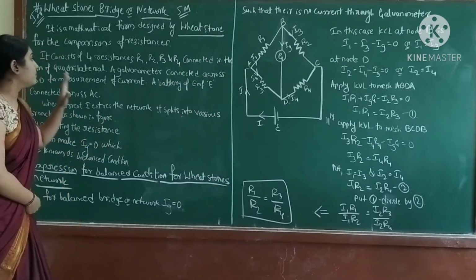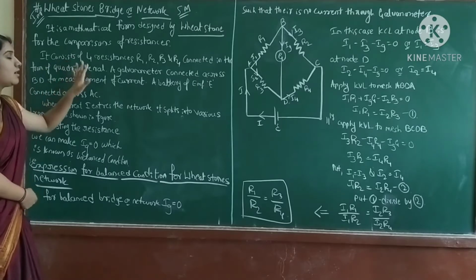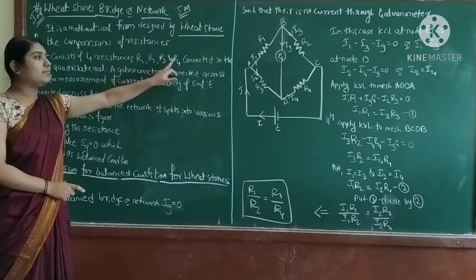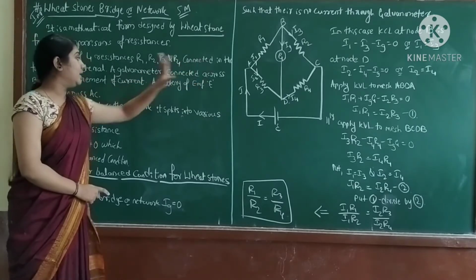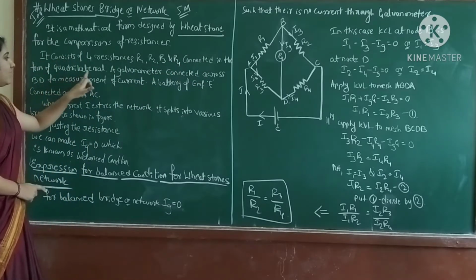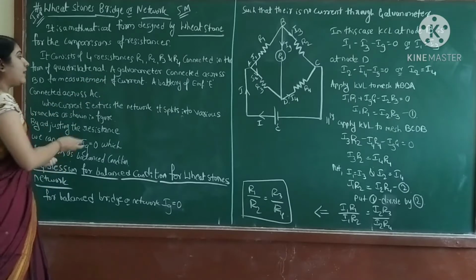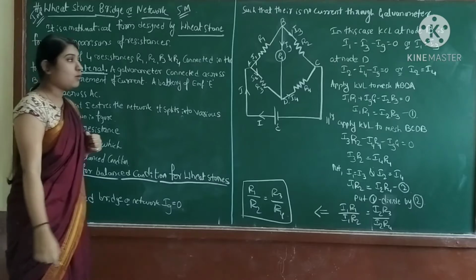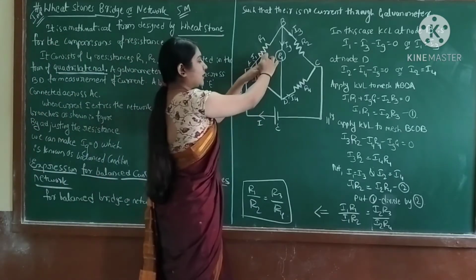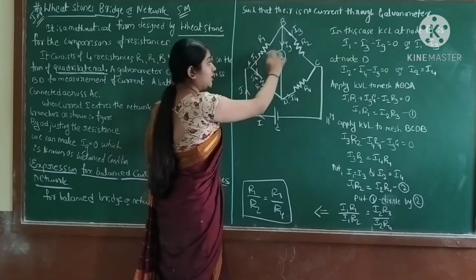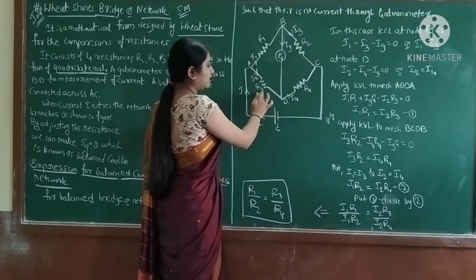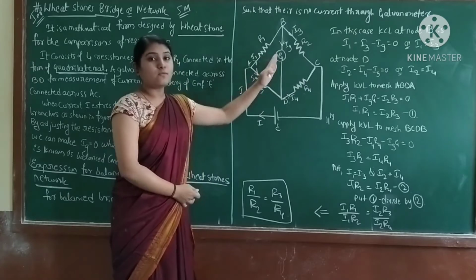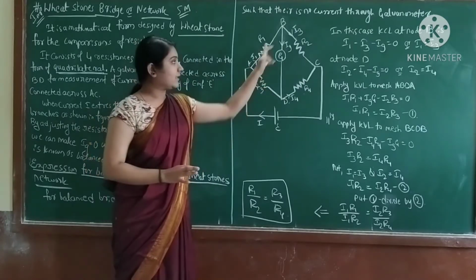It basically consists of four resistances, R1, R2, R3 and R4, connected in the form of a quadrilateral. Just consider resistance 1, resistance 2, resistance 3 and resistance 4 connected in the form of a quadrilateral like this.